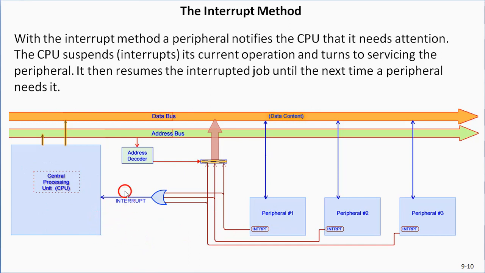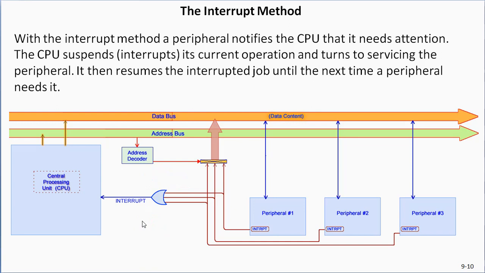The CPU has one interrupt line. In reality, it may have more than one interrupt line, some of which may be maskable and some of which may be non-maskable. Interrupt lines from multiple peripherals are ORed together, like this, in order to notify the CPU that some peripheral or peripherals need servicing.